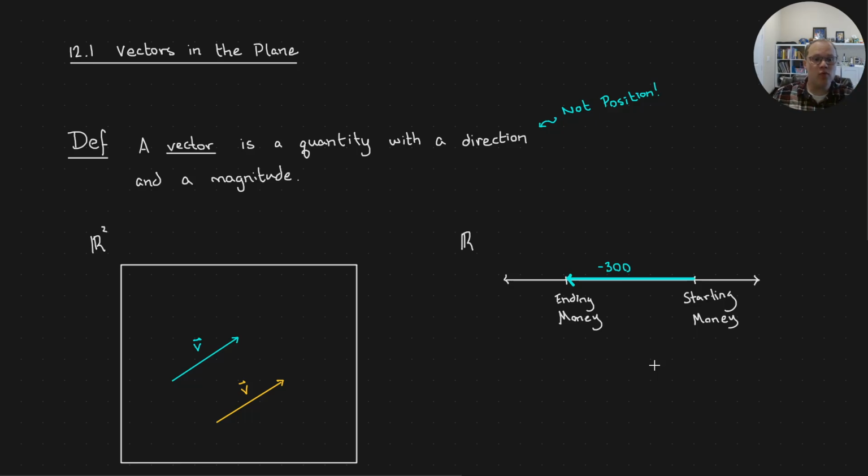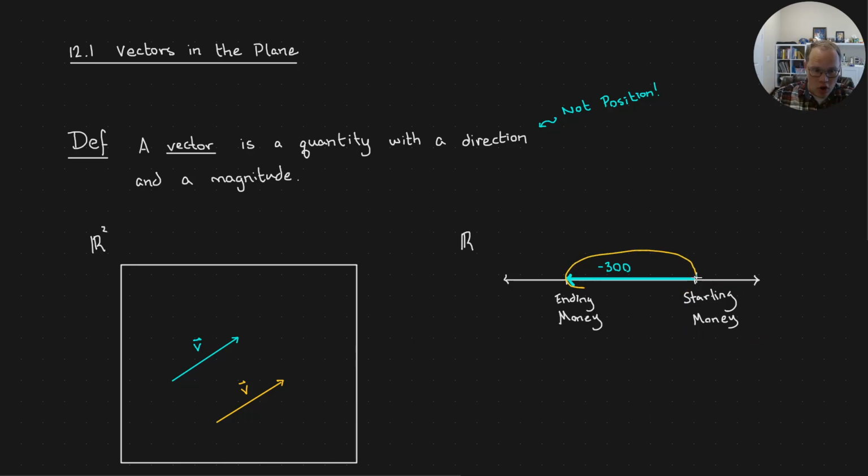And that negative 300 represents a magnitude, $300, and a direction. I lost that money. It is a negative amount. And so this quantity is, in that sense, a vector. I could have any amount of starting money. I could have $500, I could have $500,000.